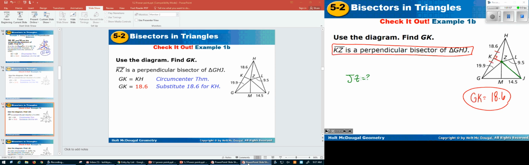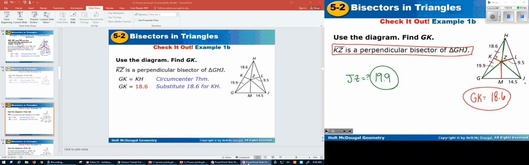If KZ is a perpendicular bisector and it intersects this line LZ and this line MZ all at point Z, what is that making point Z? The circumcenter. And so the circumcenter is supposed to be equidistant to where? All the vertices. So ZJ, ZH, and ZG. So what is JZ going to be the same as? GZ, 19.9. So this is going to be 19.9.